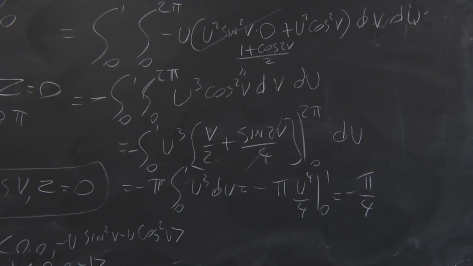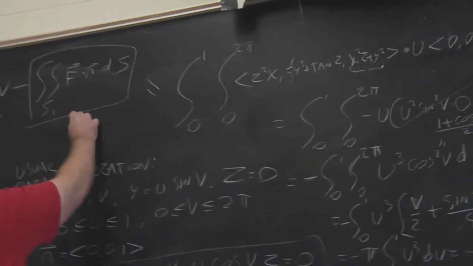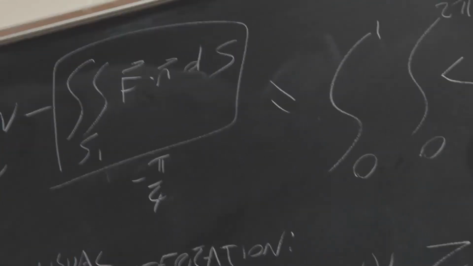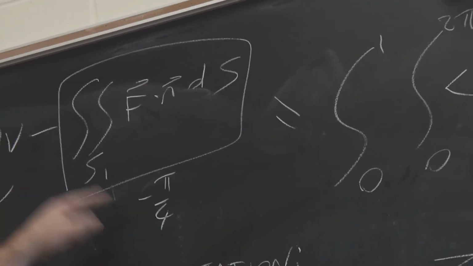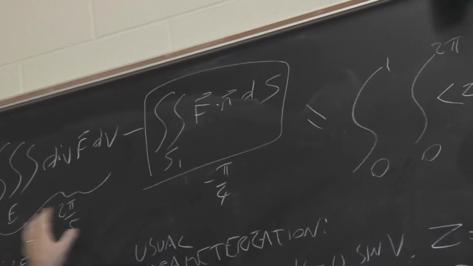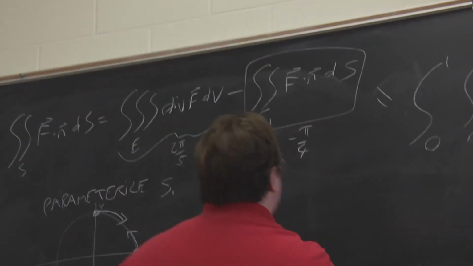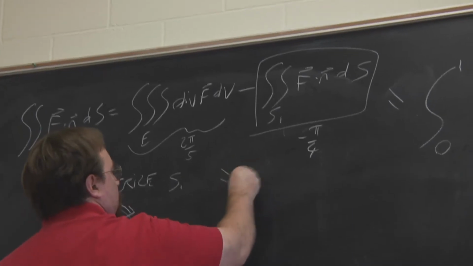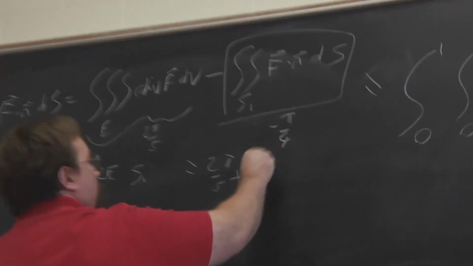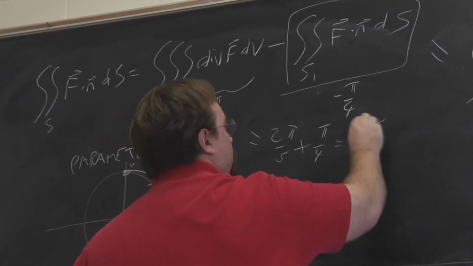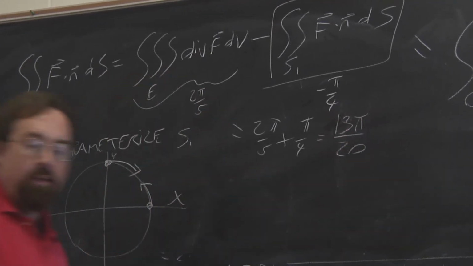So that is this whole thing, minus pi over 4. But we're subtracting it, and minus minus is plus. So for the final answer, plus pi over 4 is 13 pi over 20.